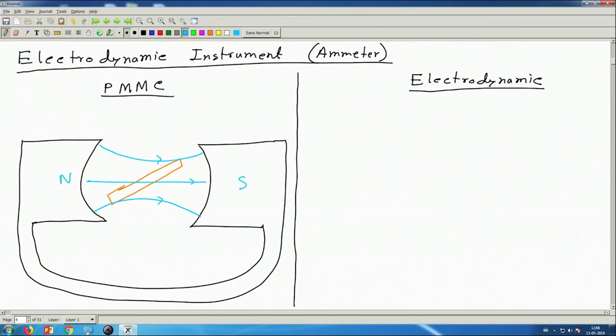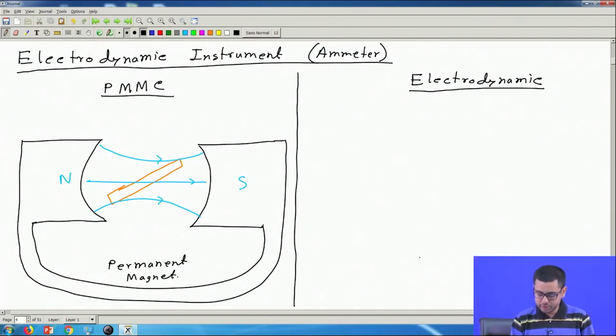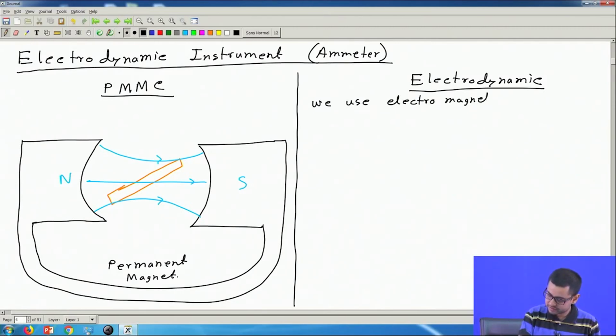Okay. In electrodynamic instruments, the only difference is that instead of having this permanent magnet, so this is a permanent magnet, here we will use electromagnets. Electromagnets are nothing but coils or solenoids. So, we will have a pair of coils.